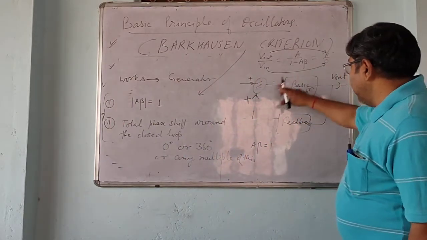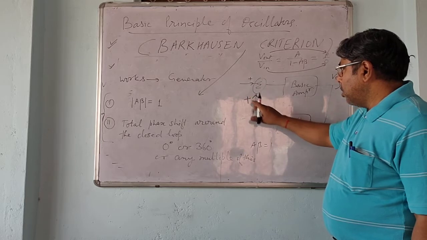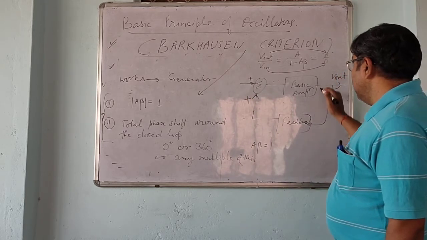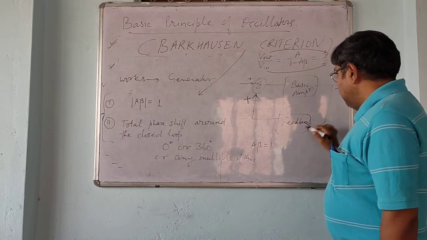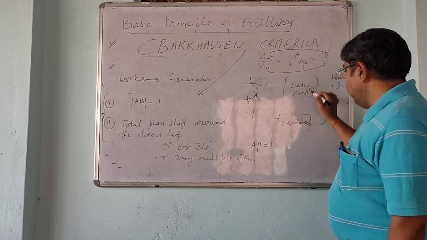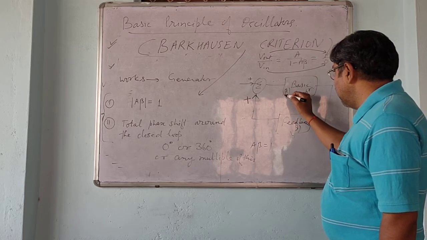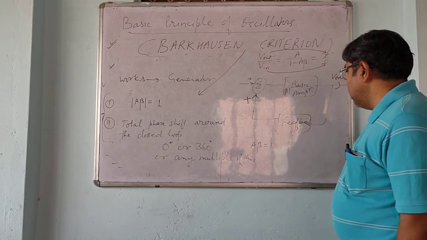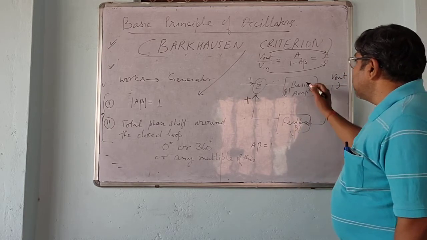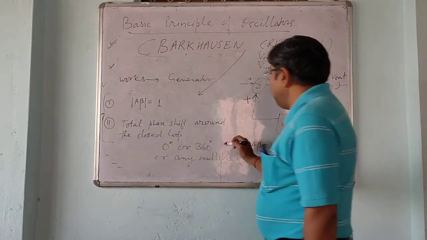If we are using positive feedback, means input and feedback signal are in same phase, and loop gain means product of basic amplifier and feedback factor. This is the gain of basic amplifier, this is the feedback factor beta. Product of this is 1, and total phase shift.